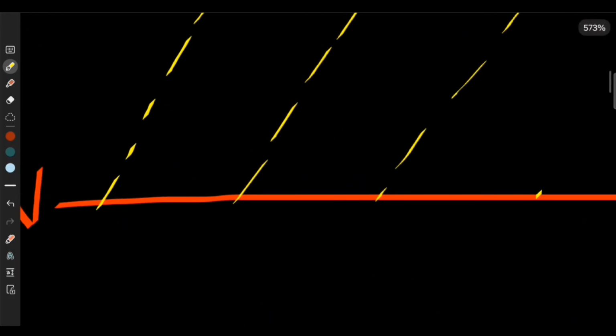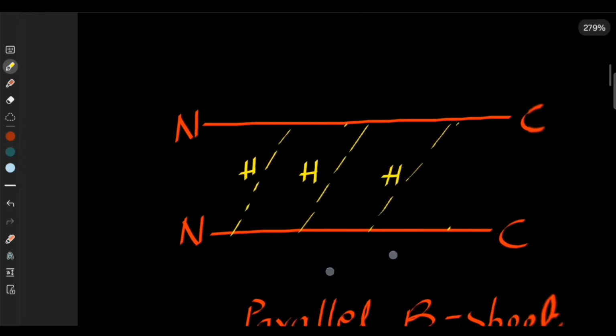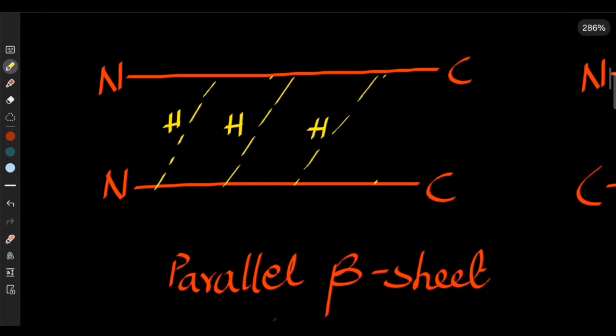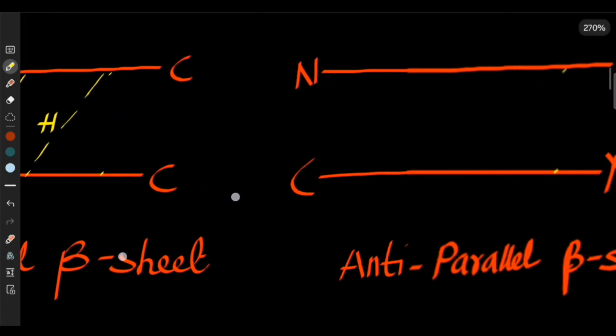What the lines that I'm drawing over here are is actually hydrogen bonds. As you can see, the hydrogen bond is forming at a certain angle, an inclined angle. That means it is not a straight angle, it is slightly inclined towards one direction.